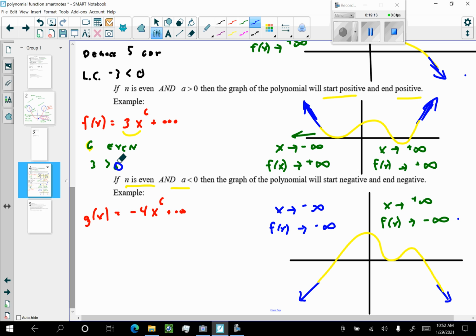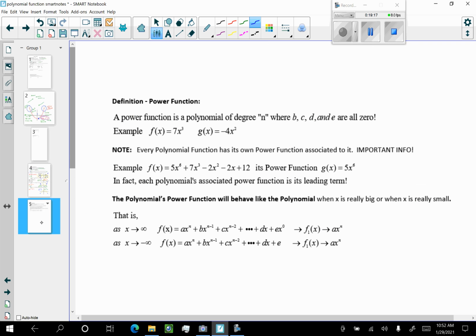The last thing in this video, I only have like 1-2 minutes left. If I go back here, a power function of a polynomial of n degree, where a, b, c, and e are real numbers. Here's our power functions. Power functions have one term. One and only one term. Because it's the powerful term in the polynomial.